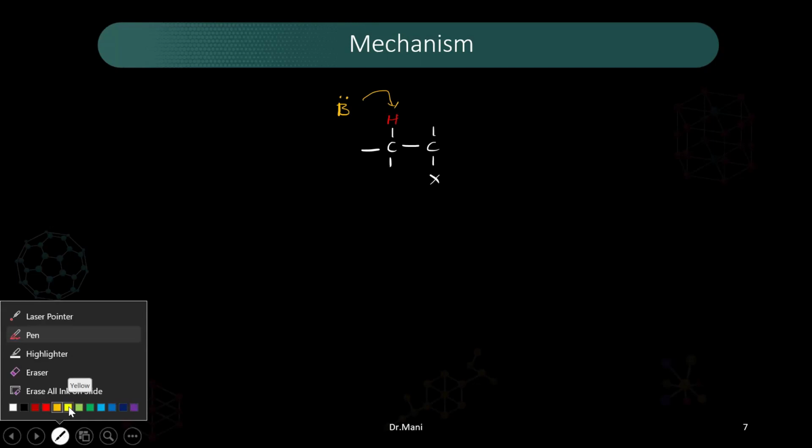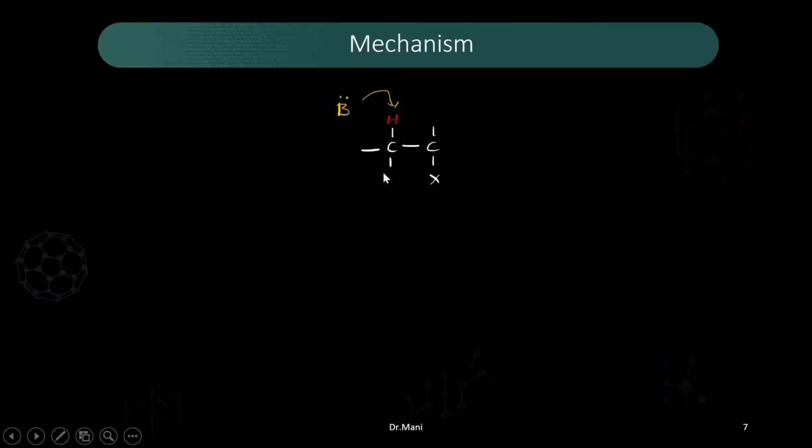Yes or no? Simultaneously, what else is happening? When the base is attacking the hydrogen present on the beta carbon, a bond breakage happens between the carbon and halogen.